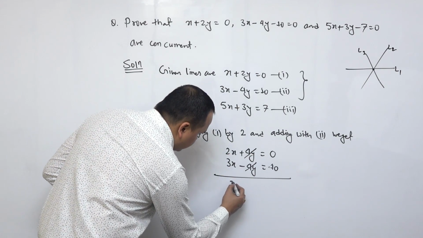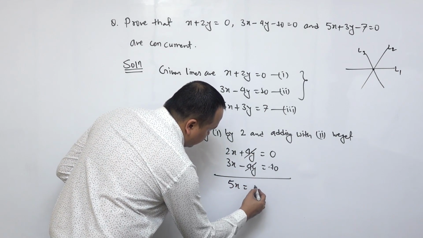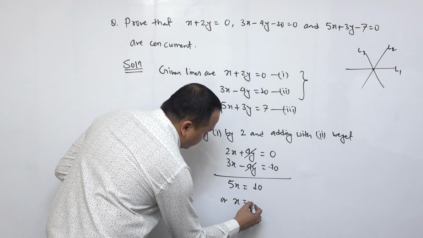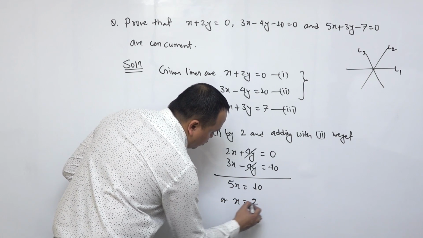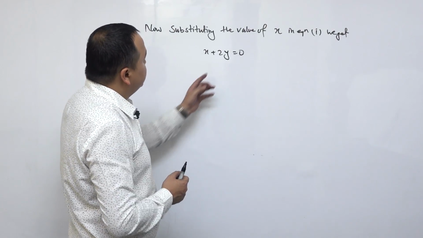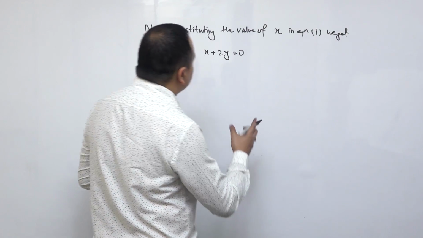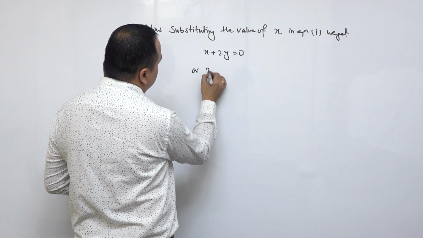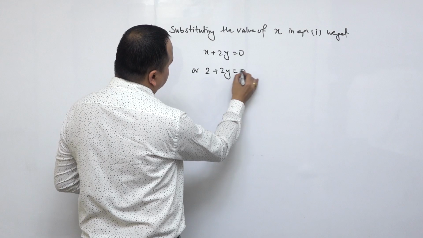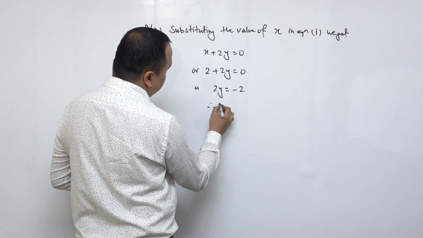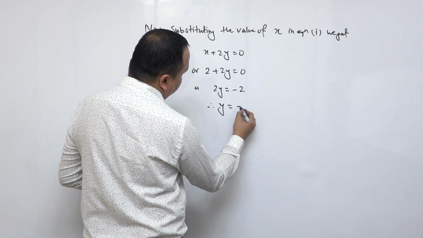This is 5x and this is 10, or x is equal to 10 divided by 5, 2. Now substituting the value of x in equation I, we get x plus 2y is equal to 0, or 2 plus 2y is equal to 0, or 2y is equal to minus 2, therefore y is equal to minus 1.